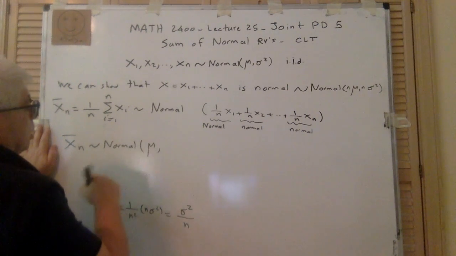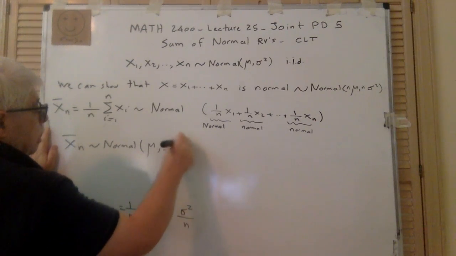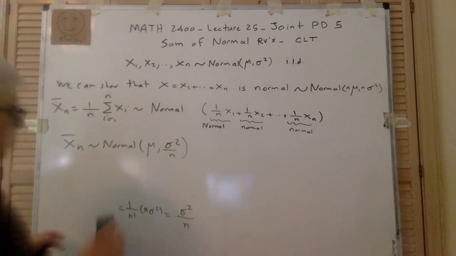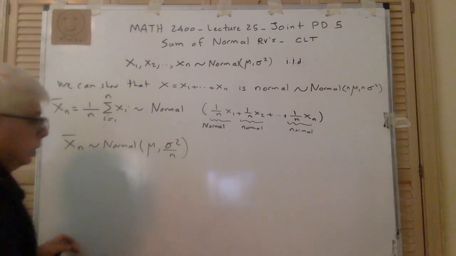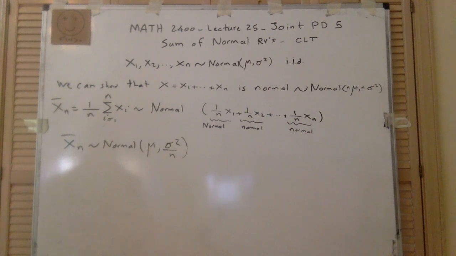It's interesting that it's mu, but the variance is in fact divided by n. Okay, so that was the sum of normal random variables. When you add them, you will get this. And I guess there are many problems that have been assigned to you which are related to this.